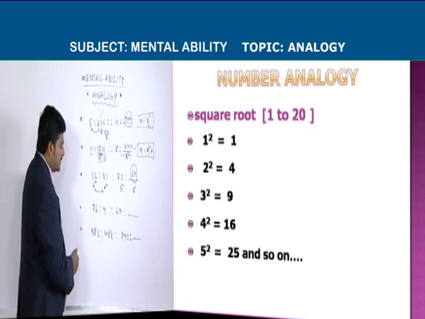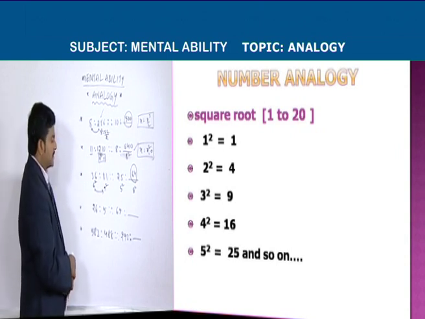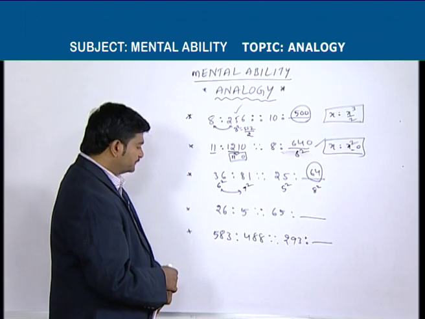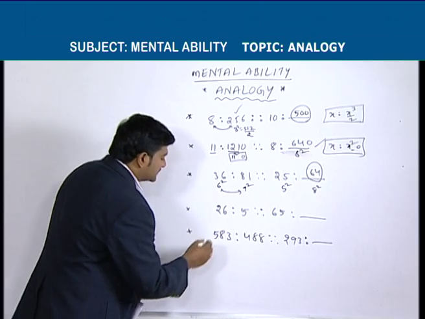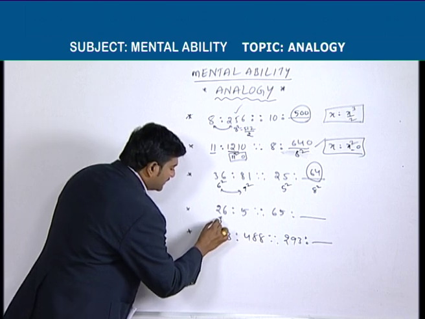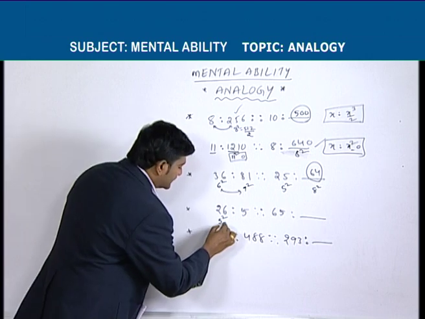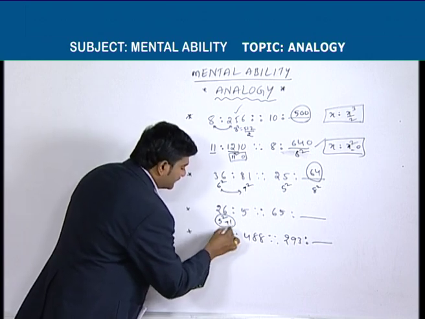Okay. So now observe here. This is also some kind of square logic. How? See, 26 means 5 square, but is it only 5 square? No, plus 1. 5 square plus 1.